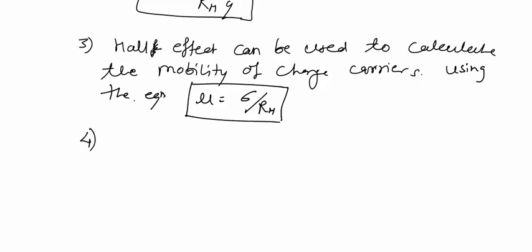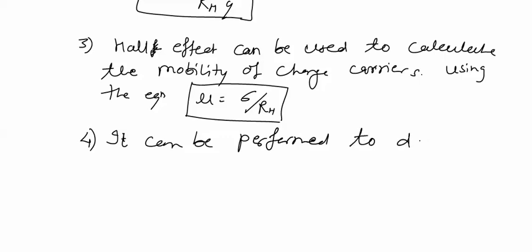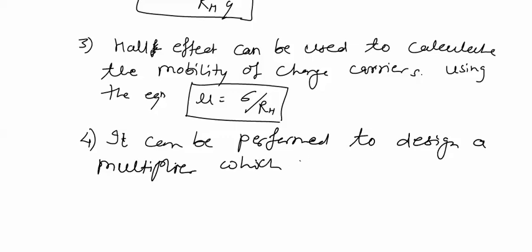Number 4, it can be used to design a multiplier which multiplies A and B. This was all about Hall effect. We will solve one problem which was asked in GATE examination.